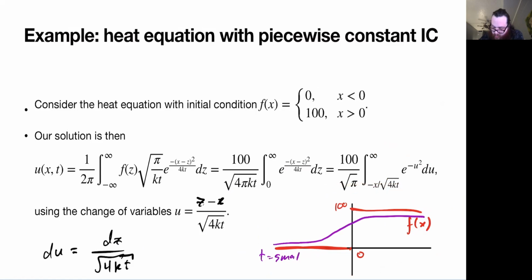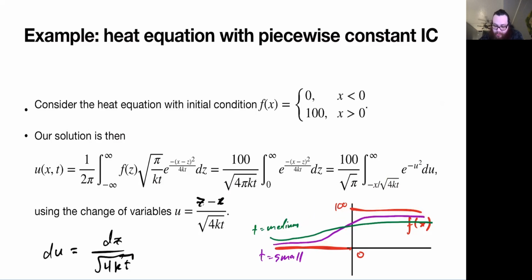I'll say small time, something like that. Medium time, something like that, etc. What's happening is heat over here is going to be distributing and flowing over there. So we're going to get this family of curves that looks something like that, these sigmoidal things.